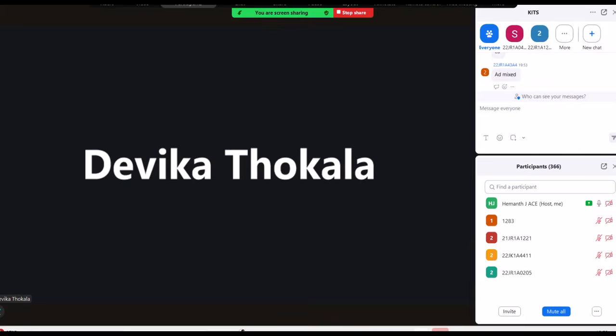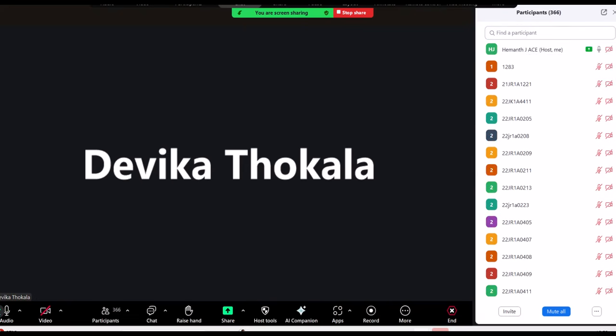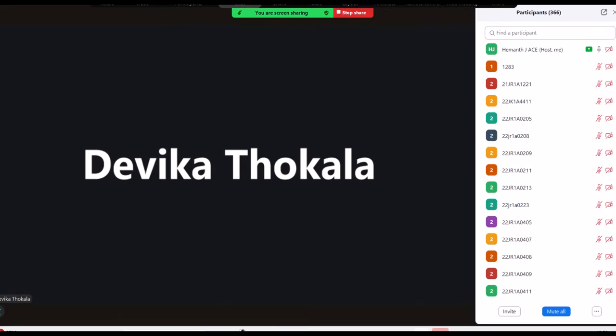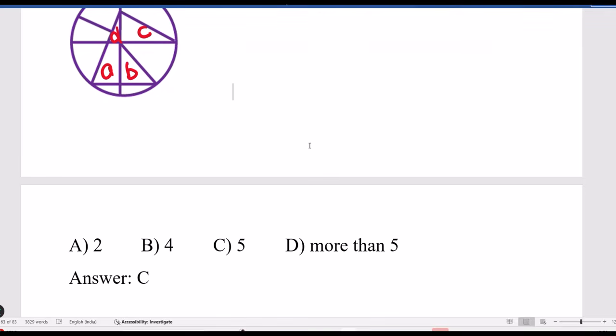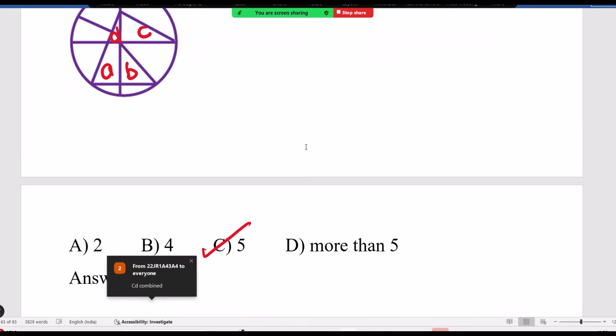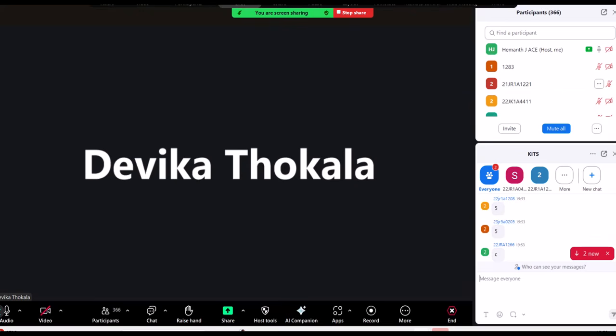Did any of you get any other triangle apart from this? So the answer should be 5. CD combined, yes, we already wrote that. DC and CD are the same only.